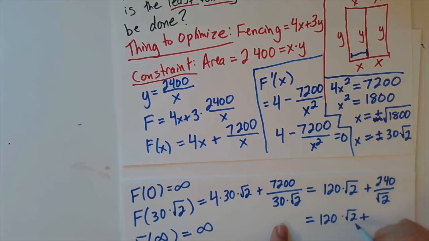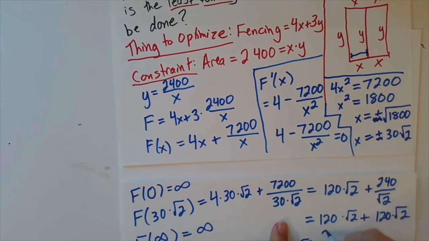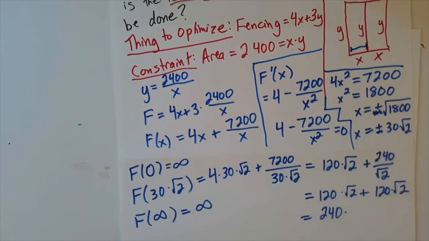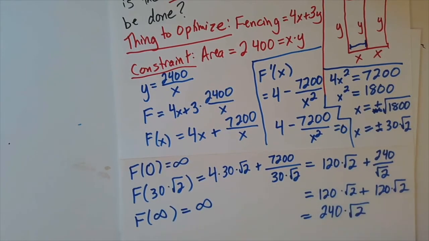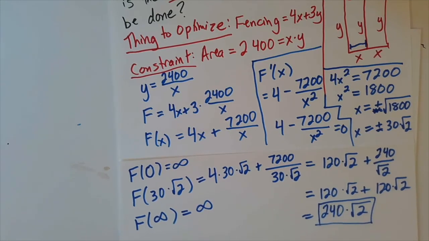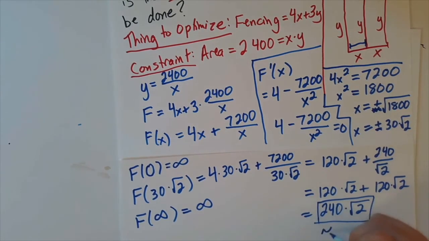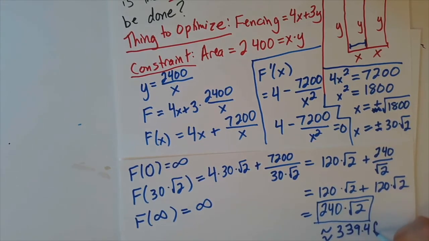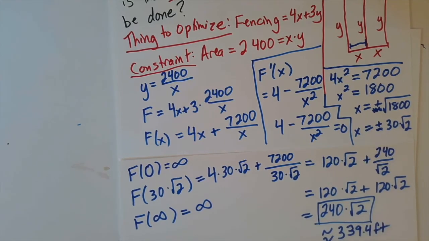So this is 120 divided by the square root of 2 plus 120 times the square root of 2, which is going to be 240 times the square root of 2. So this is the least amount of fencing that we could use. And if you're curious, that amounts to about 339.4 feet of fencing.